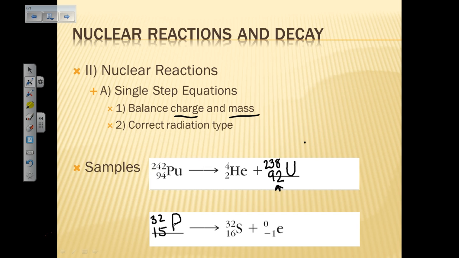Okay, so these are what single step equations look like, and we have to keep in mind that we use the correct radiation type when we do this.